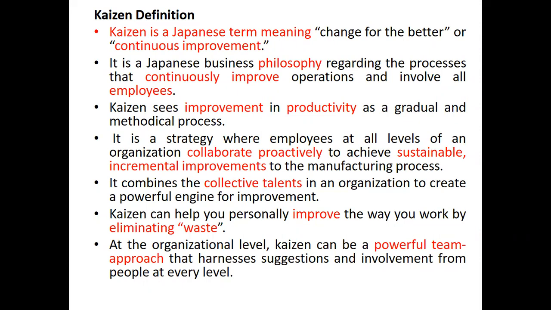So they will get the collective suggestions, and these are proactive. Proactively means what? They will be taking it in a positive manner to implement, and we will try to improve the production system. Kaizen can also help you personally improve the way you work by eliminating waste.